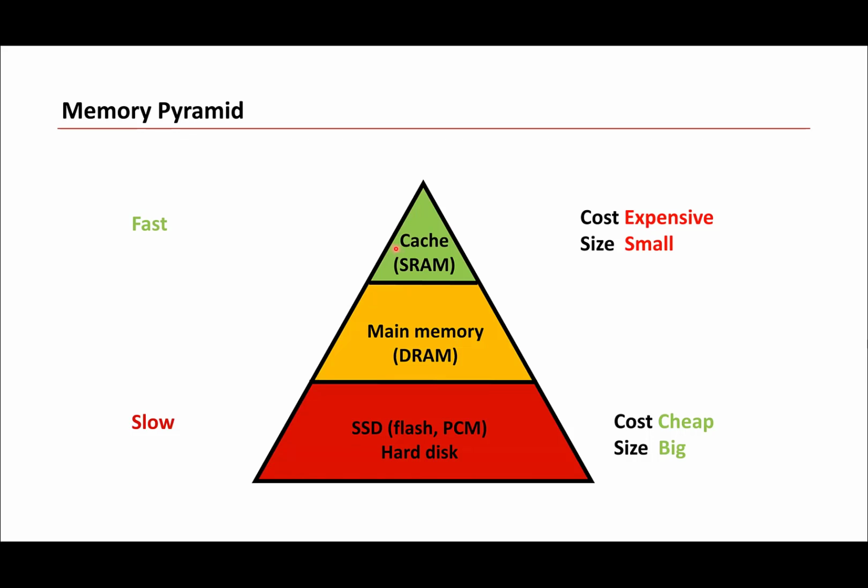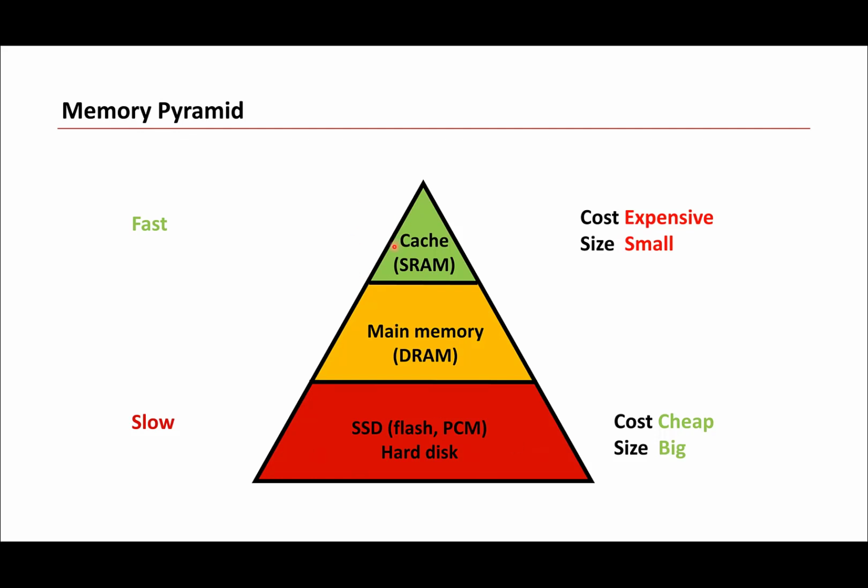The top of the pyramid, the fast devices, they're also expensive, and so we cannot afford a lot of them, and therefore their size tends to be smaller. The ones at the bottom of the pyramid, their cost tends to be cheaper, and therefore their size can be much larger.